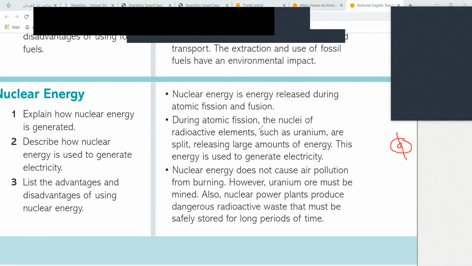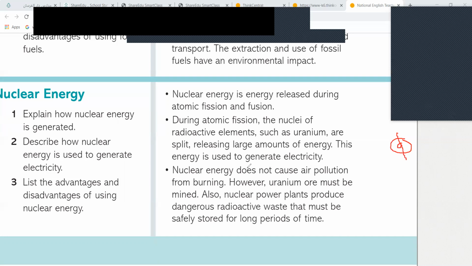During atomic fission, the nuclei of a radioactive element, example uranium, are split. They split and they release a large amount of energy. Girls, even atomic bombs, when they explode, give a very large amount of heat energy.